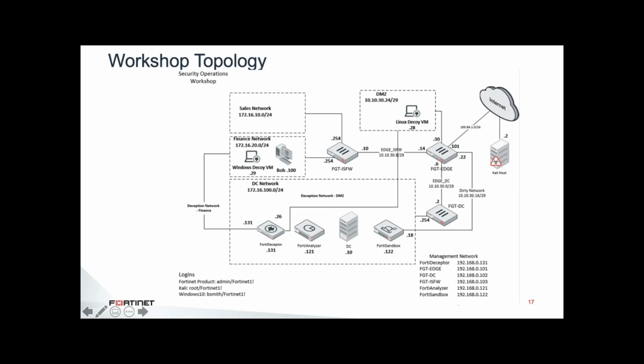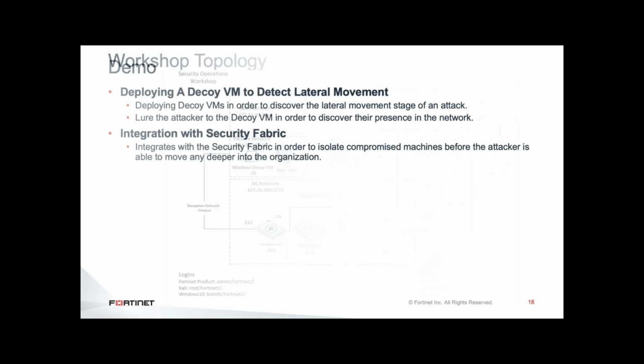So based on lateral movement, we wanna isolate Bob from a network so we make sure that he does not have a connection to the attacker anymore. So that's the use case that we're gonna do now, okay? So we're gonna show you how it deployed, so the decoy VMs, and then we're gonna see how FortiDeceptor reacts on lateral movement of the attacker. And then later on, we're gonna show you the integration.